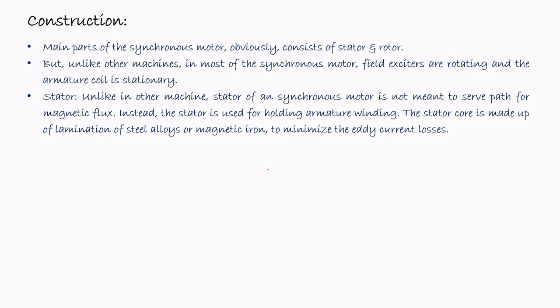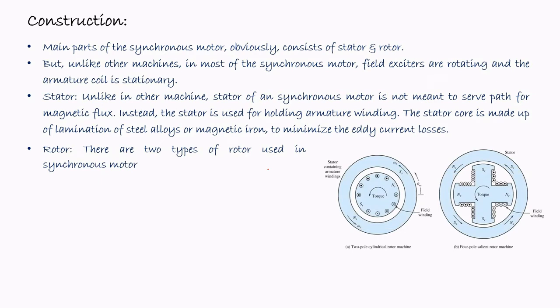Remember one thing: in the case of a motor, the electrical energy is converted to mechanical energy, and this energy conversion takes place in the armature winding of the machine. And in the case of the synchronous motor, the armature windings are placed in the stator.